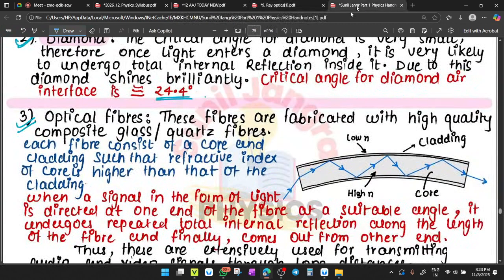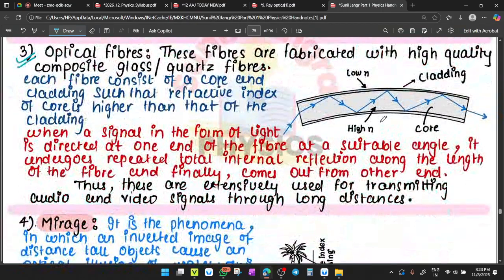Try to understand there are two types of materials. The inner side material is glass, and the outer side is a coating that is called cladding, and this cladding has a refractive index of 1.48.